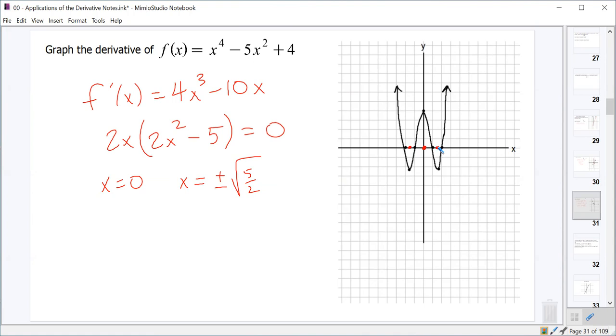As we graph these derivatives, most of the time it's going to be just a general sketch of what the function looks like, not necessarily a perfectly exact representation. We need to know a couple more things about this. One is the cubic, and cubics that have a positive a value should always be falling to negative infinity as we go to negative infinity, and going up to positive infinity with probably some little local maxima or minima in between.